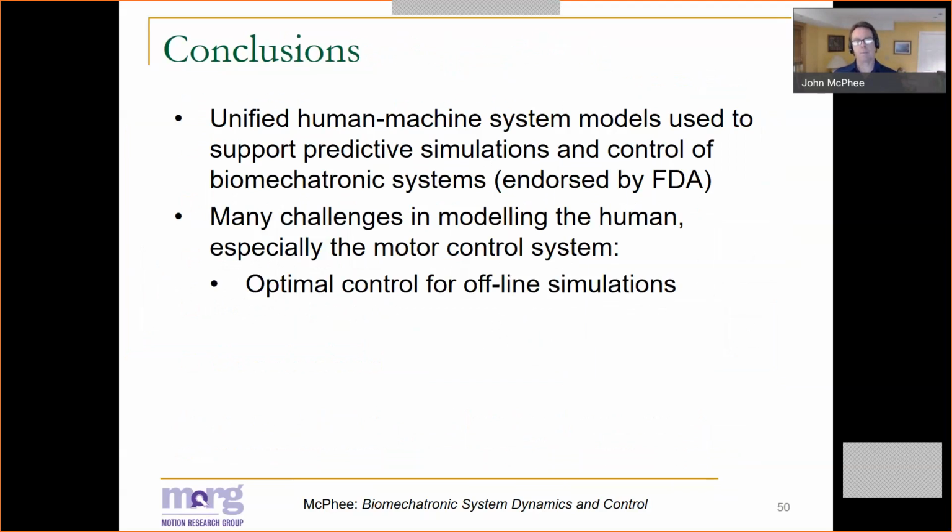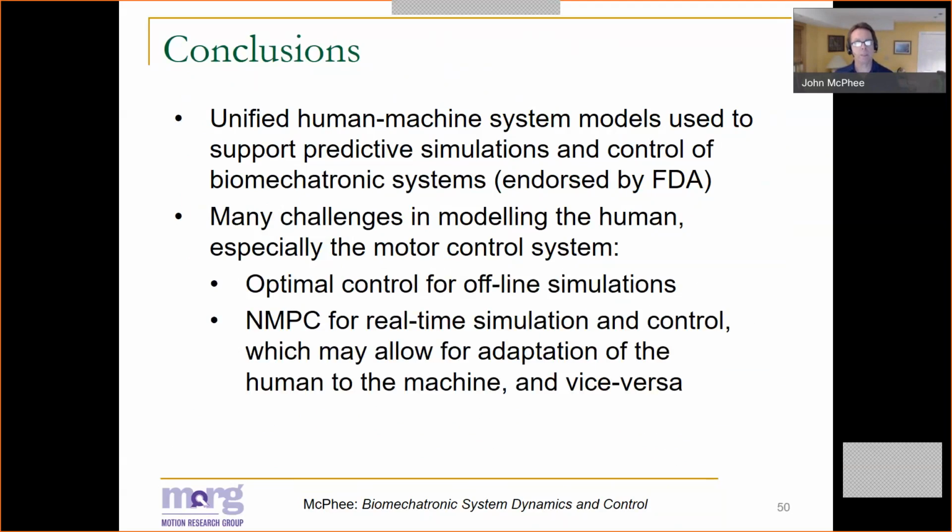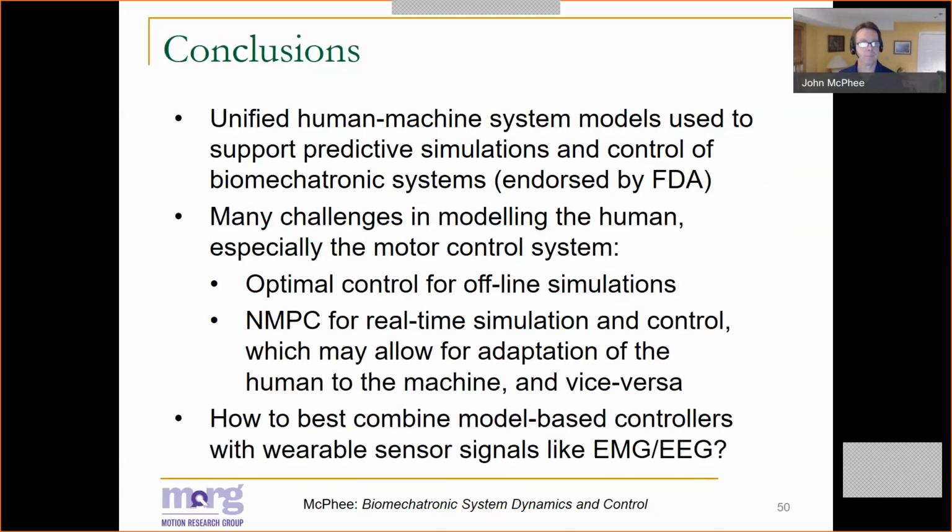For offline simulations, such as our predictive simulations of Olympic athletes, for example, or human gait, we can use optimal control methods. However, for real-time simulation and real-time control, a more attractive alternative is nonlinear model predictive control, which seems to do a good job of representing the human motor control system, which would allow us to adapt our model to the machine and vice versa.